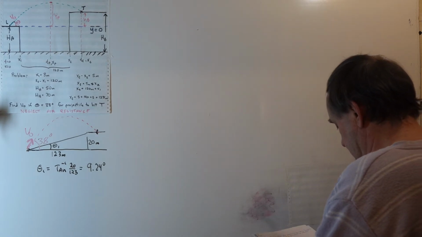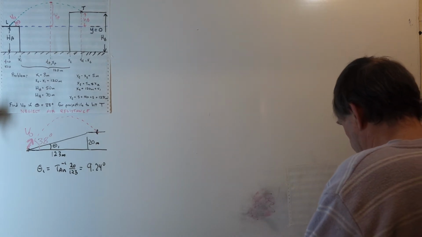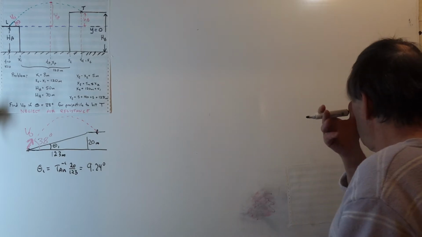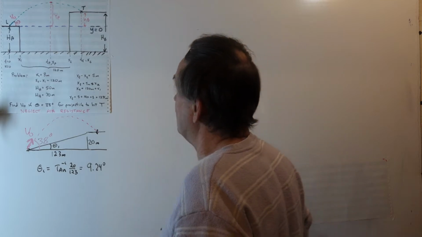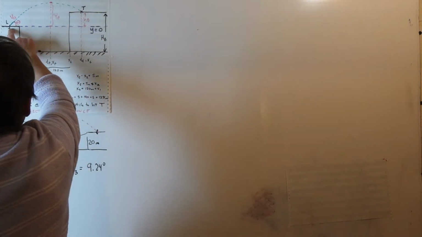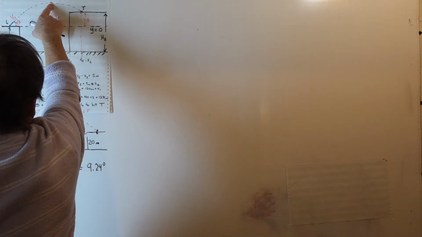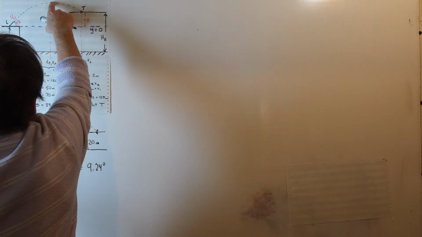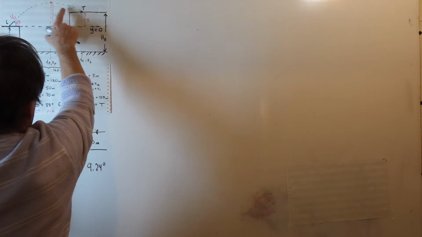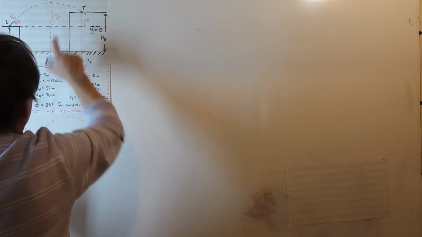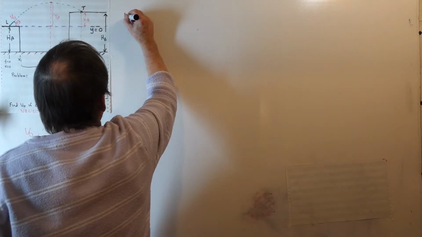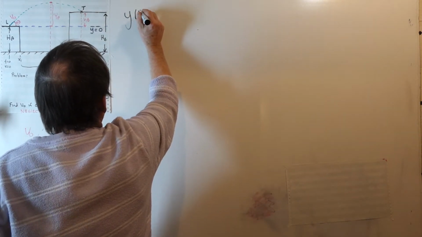Okay, now, first let's get some equations here. Once the projectile hits the peak, we need to find an expression for the y value, or the vertical value of the projectile height, as a function of time. And we will write that as y of t.